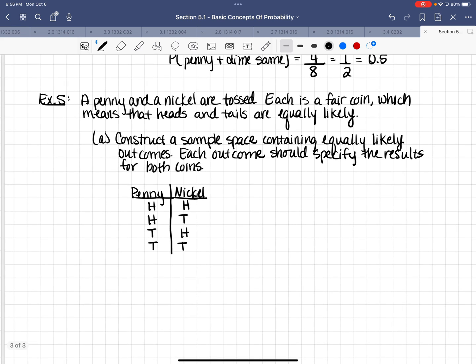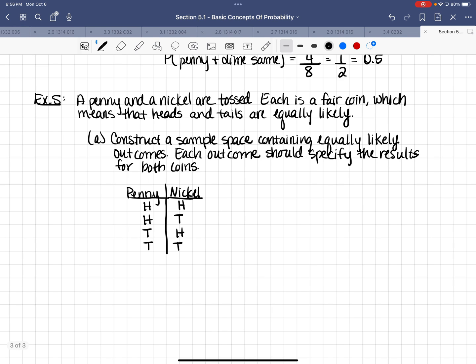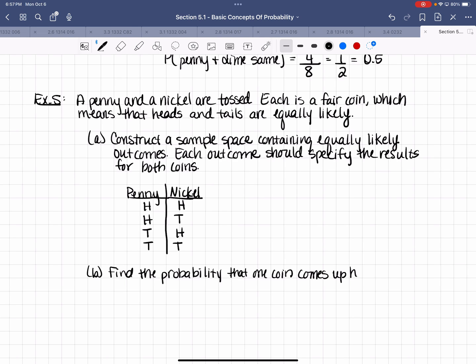B says find the probability that one coin comes up heads and the other comes up tails.